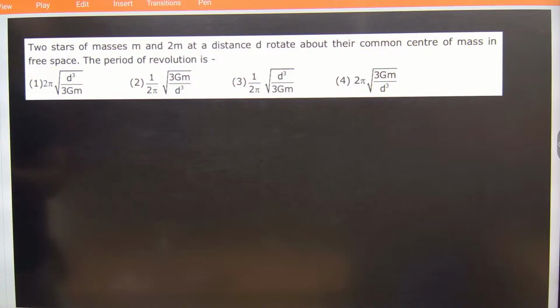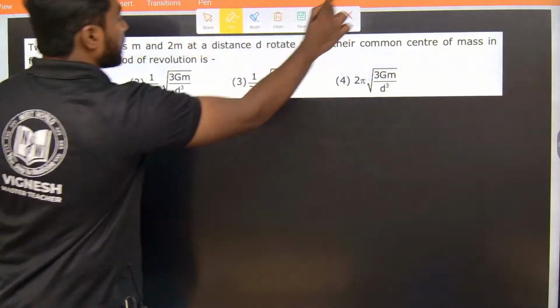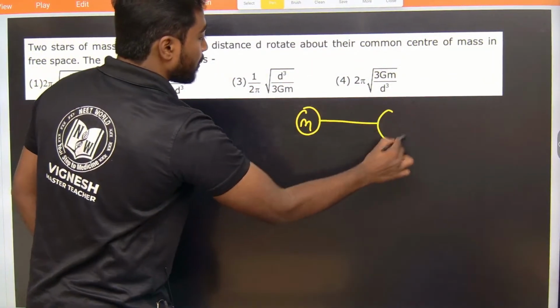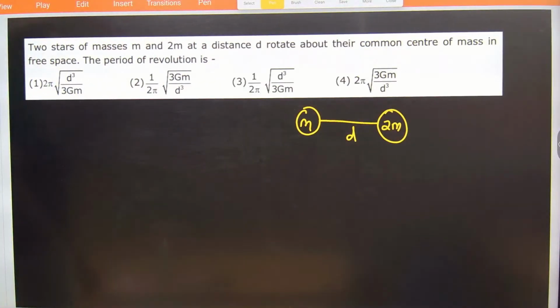Let me draw the diagram first. This is m and this is 2m, and the distance is d. They rotate about their common center of mass in free space.